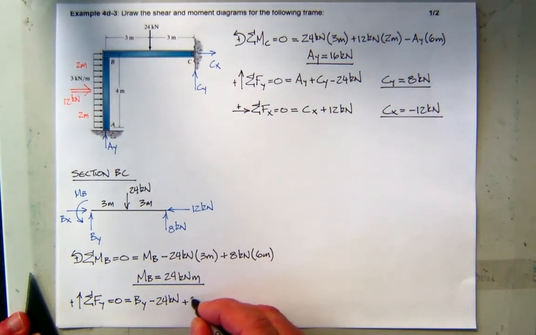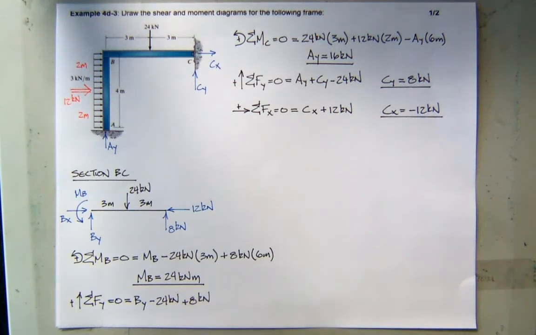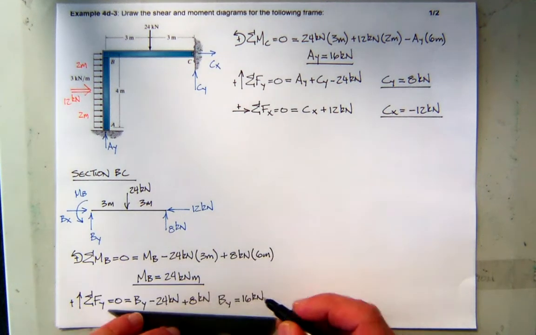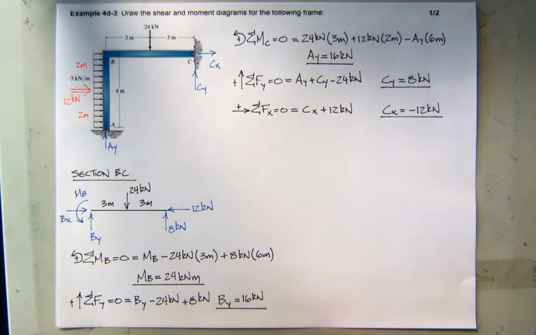I consider that to be positive. Anybody else left? I think that is all. So therefore, By is equal to 16 kilonewtons. Positive. I didn't leave myself room down here. Well, maybe I can squeeze it in.